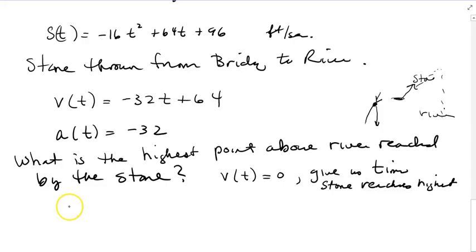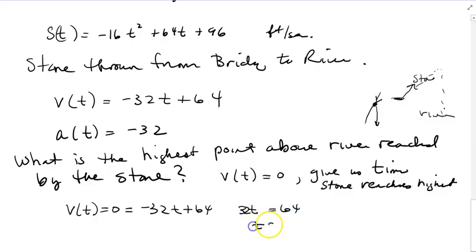So let v sub t, which is negative 32t plus 64, equal 0. So that means 32t equals 64, t equals 2. Oh, it's only 2 seconds. In 2 seconds, that stone's going to reach the highest it'll go.